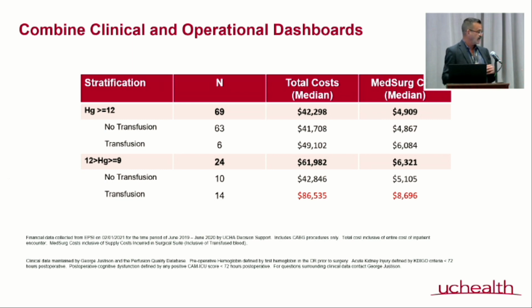So this helped us to support things like, hey, maybe we need some different components in our circuit so we can reduce our hemodilution volume. Maybe we really need to consider iron infusion preoperatively in these patients. As we've heard earlier in this conference, that supports reduced postoperative transfusion.